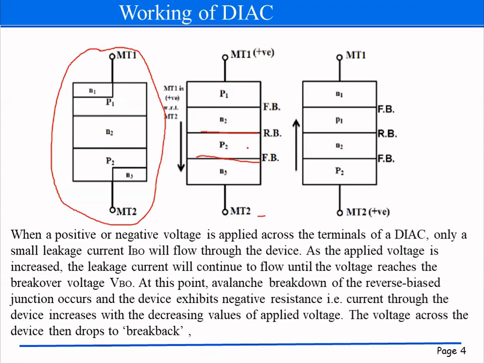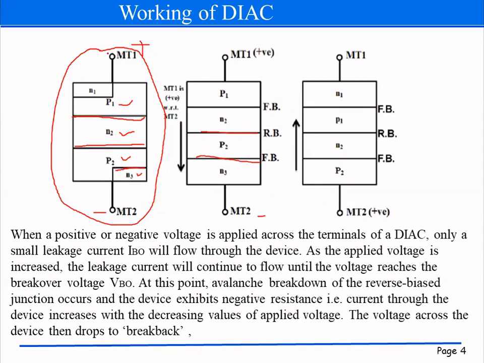When we connect MT1 positive and MT2 negative, four layers come into the picture: P1, N2, P2, and N3. They form the three junctions. This is the first junction, this is the second junction, and this is the third junction.